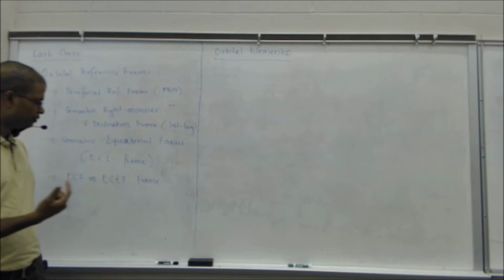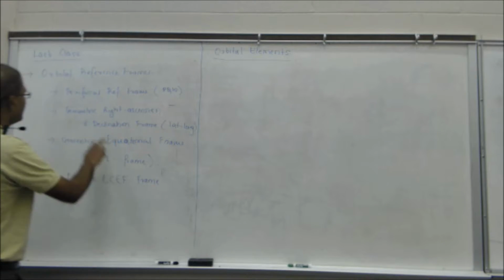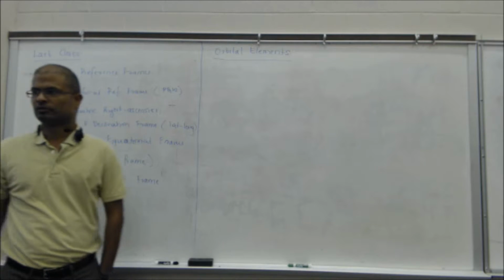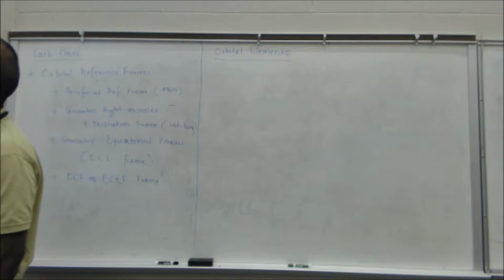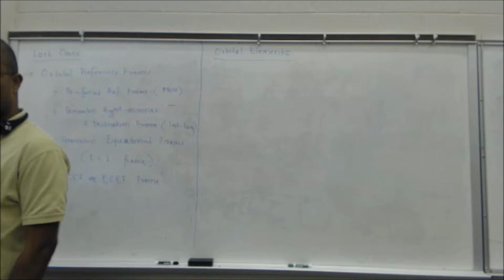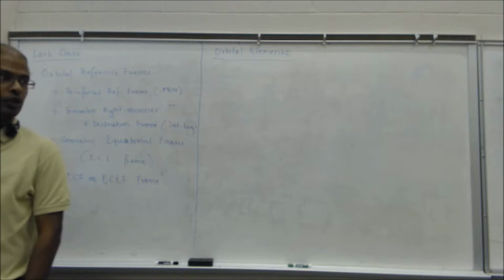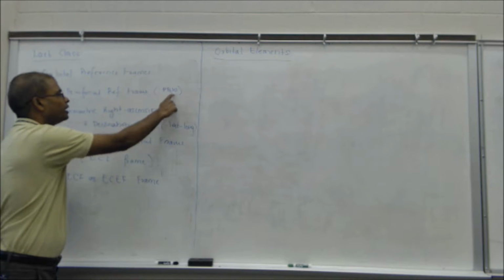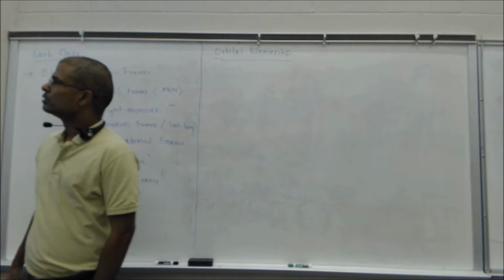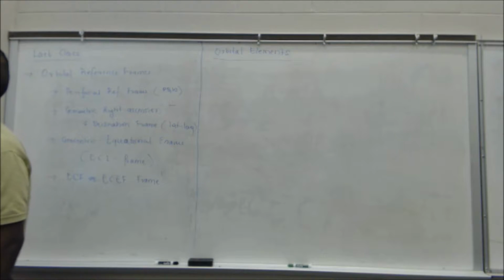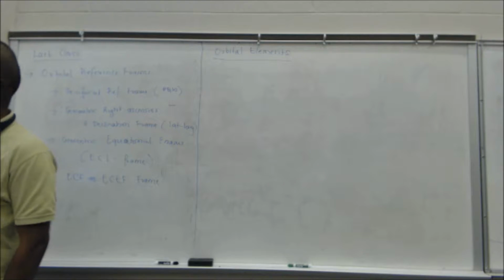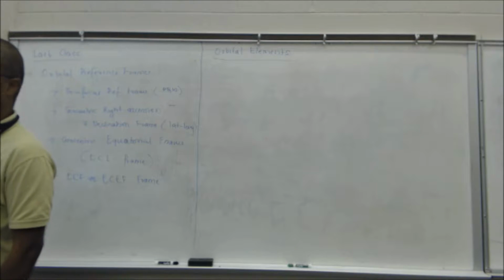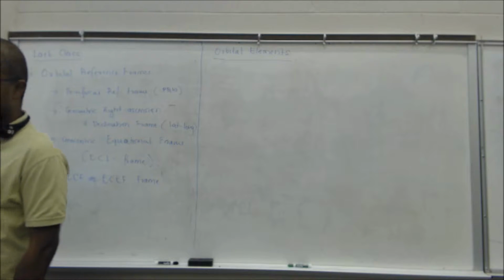Now if I ask you to identify the perifocal reference frame, it will be in the orbital plane, but what is the reference PQW? Can you tell me the P, Q and W directions? Right, exactly. So H is the W direction.